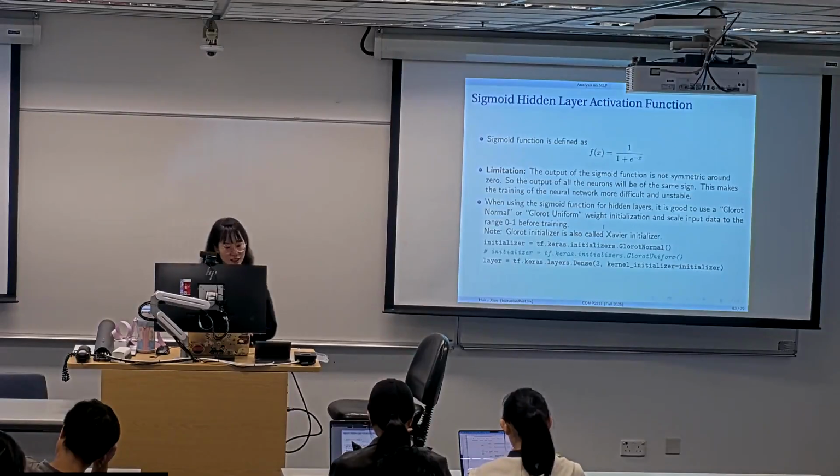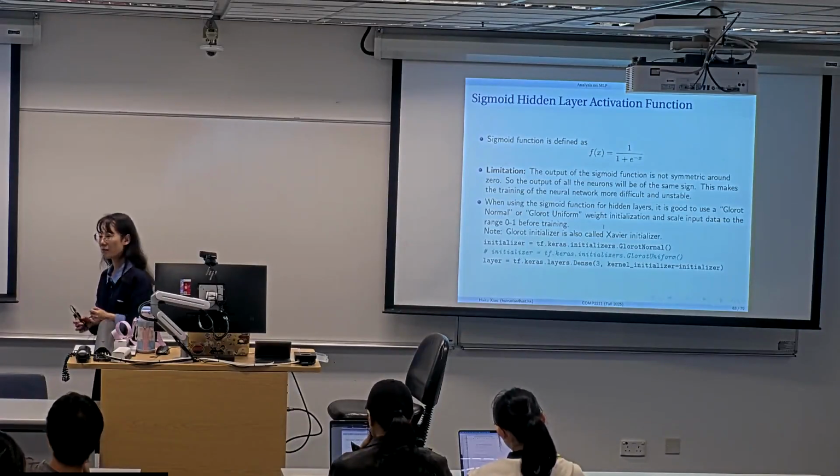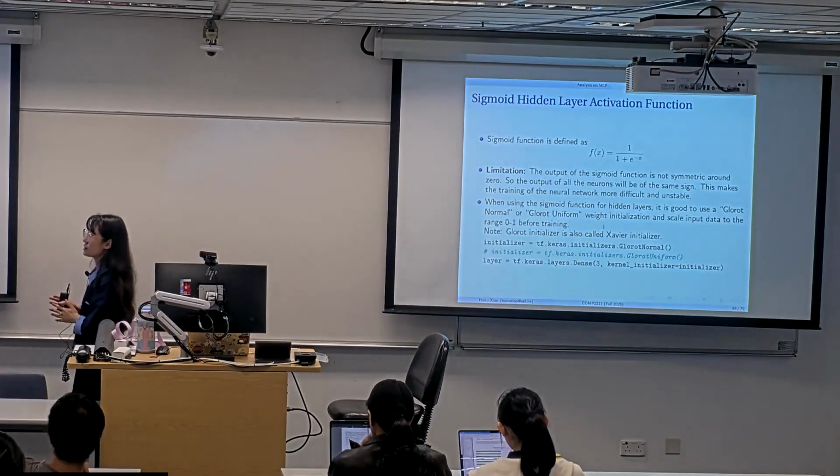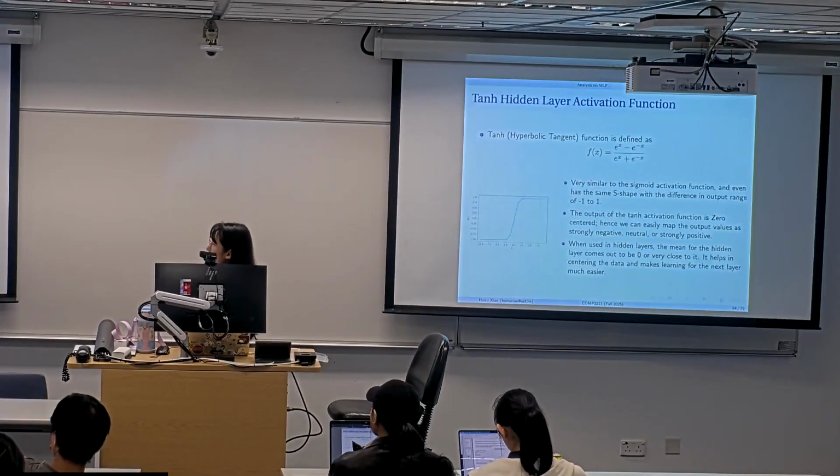All right, we already see that sigmoid has this limitation: it's not symmetric around 0. Then how do we fix it while maintaining the good properties of sigmoid? We have a very similar activation function, the hyperbolic tangent, or tanh.